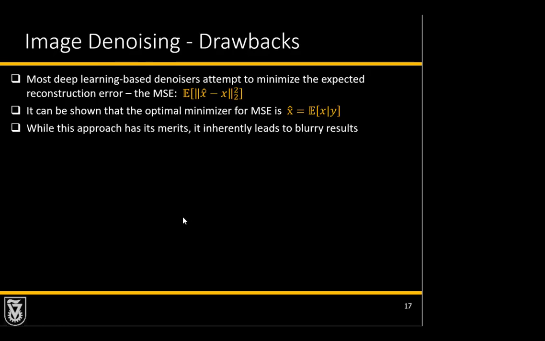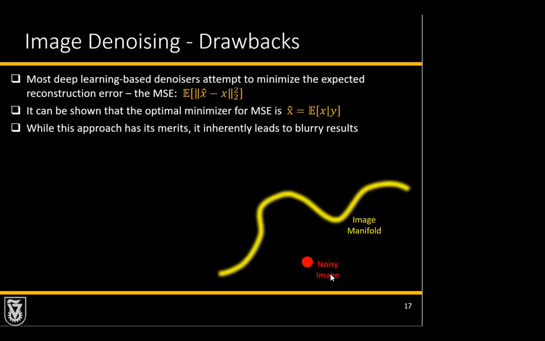Now, of course, this approach has its merits, but the problem is that it inherently leads to blurry results, especially when we're talking about moderate and high noise levels. So let's see an illustration. Let's assume that this is the image manifold, a one-dimensional line in a two-dimensional space that is the manifold of real images. Let's assume I get a noisy image that is this red dot.